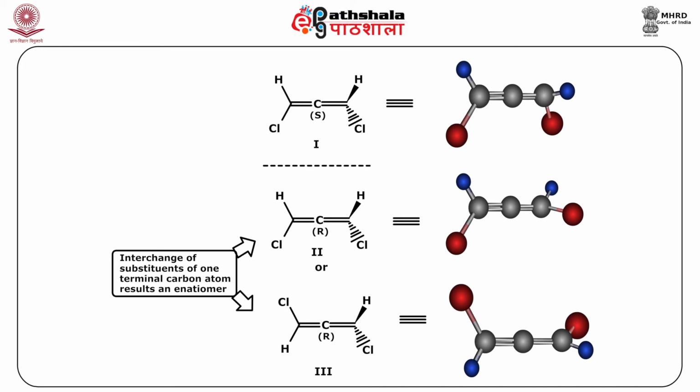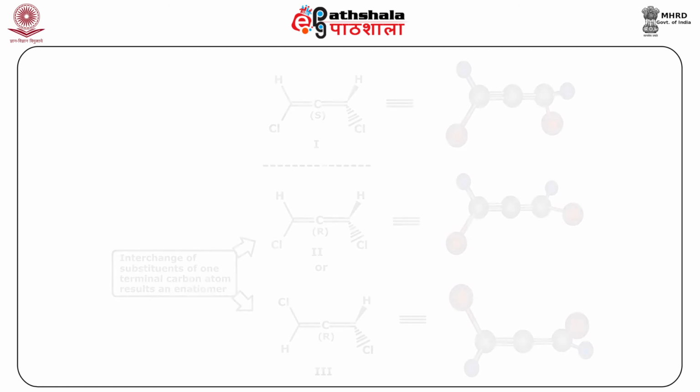If the substituents on the right terminal carbon of compound 1 are interchanged, we get its enantiomer 2, and if the substituents on the left carbon are interchanged, we get enantiomer 3. Now you can see how by interchanging you can have different enantiomers and put them in the correct representation for the allenes. You can see the mirror image of allenes by the representation here also.